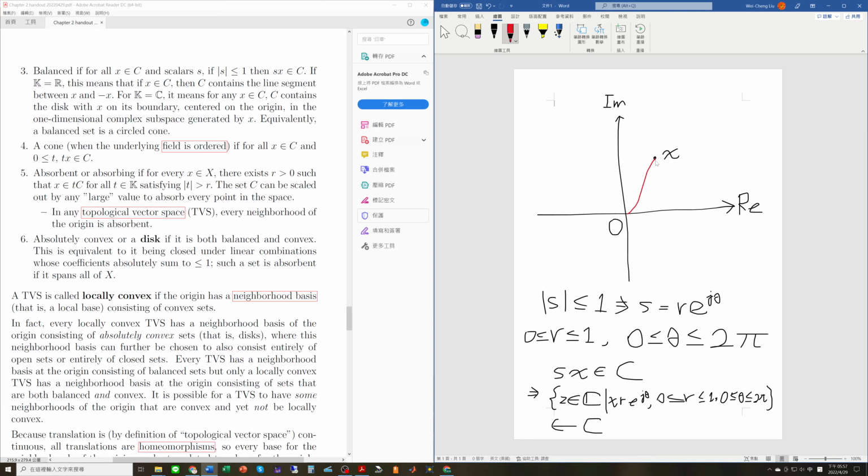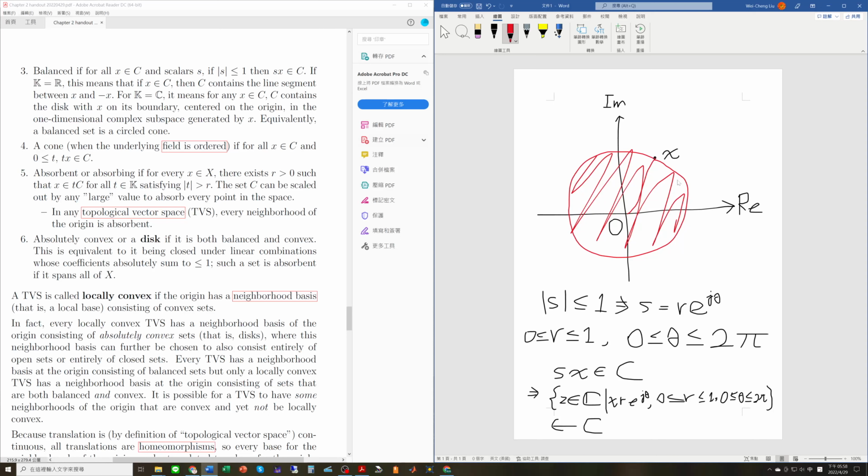It is equivalent to rotating this line segment, centered on the origin. So we will have a trajectory like this, with the circle filled, like this. So C contains the disk with x on its boundary.